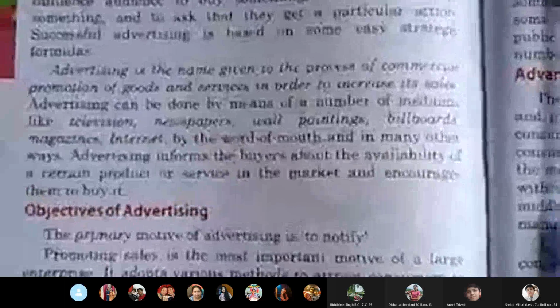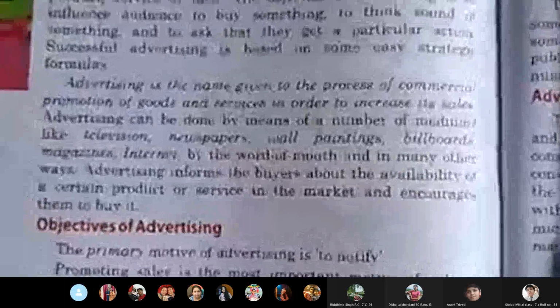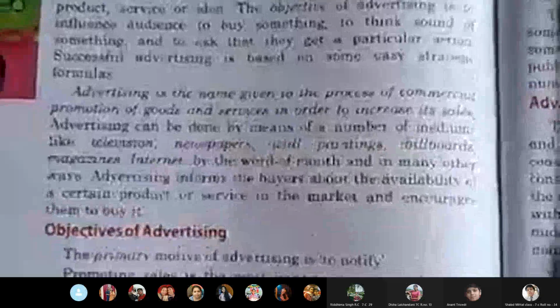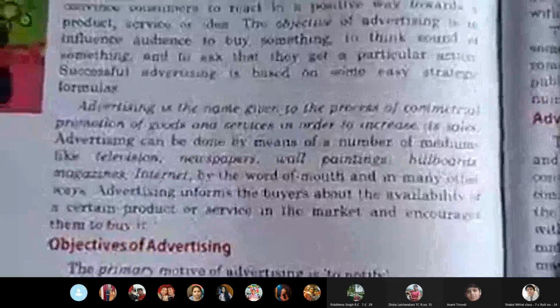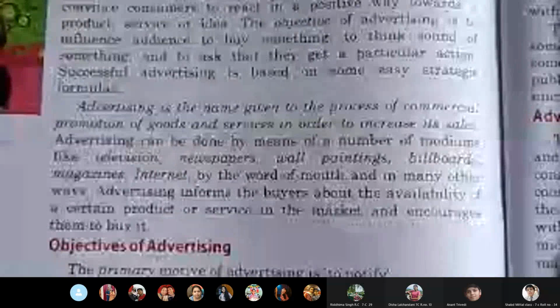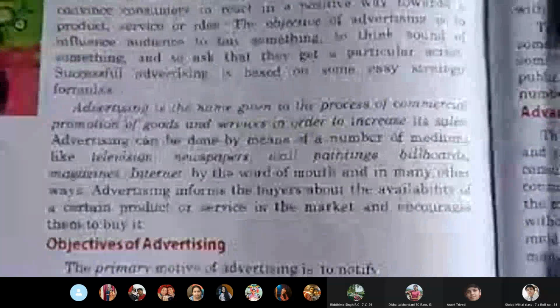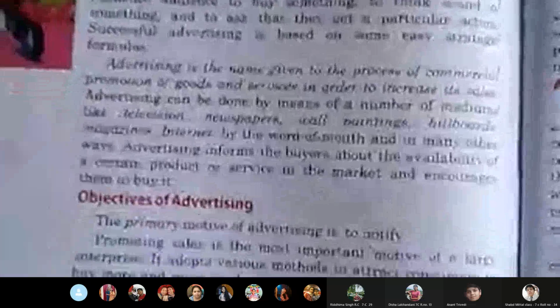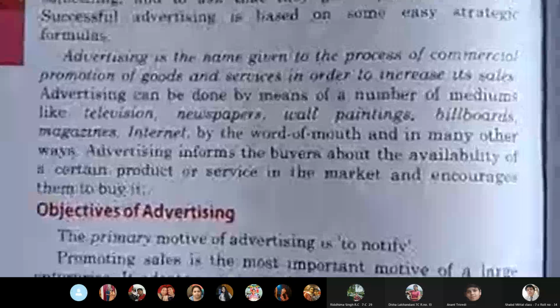And in many other ways, advertising informs the buyers about the availability of a certain product or service in the market and encourages them to buy it. So the product is available, we come to know, and it is available for buying also.